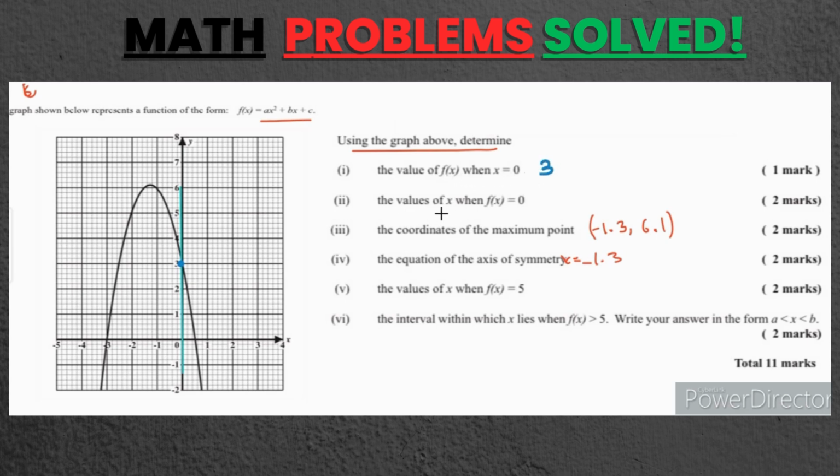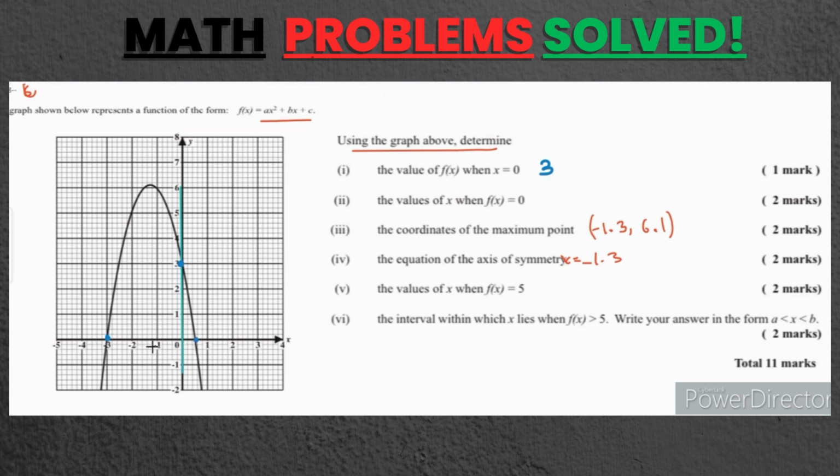The values of x when f(x) equals 0. So there are 2 points. What do you mean by f(x) equals 0? We have to find the values of x when f(x) equals 0. So what are the values of x where f(x) equals 0?